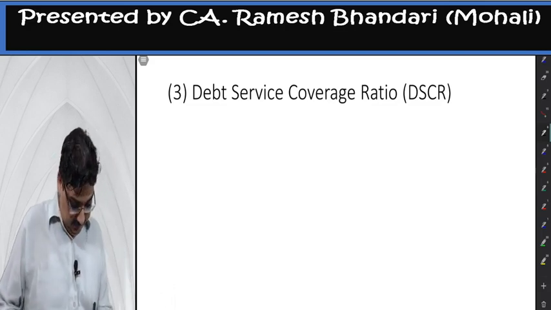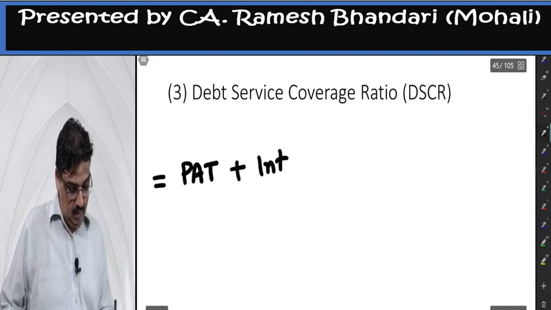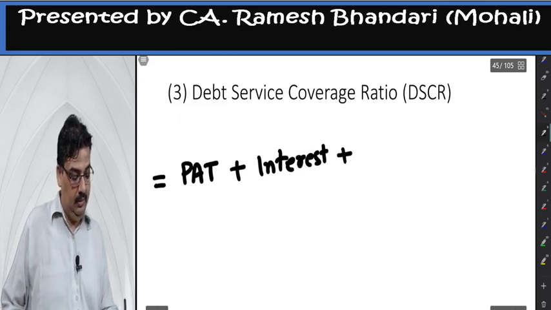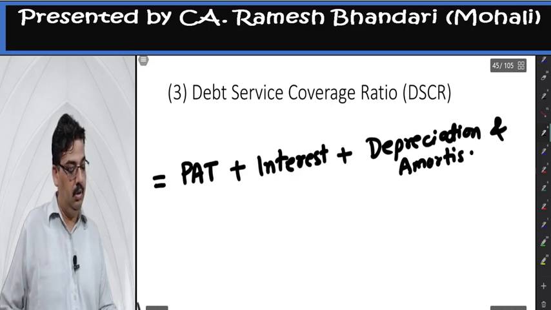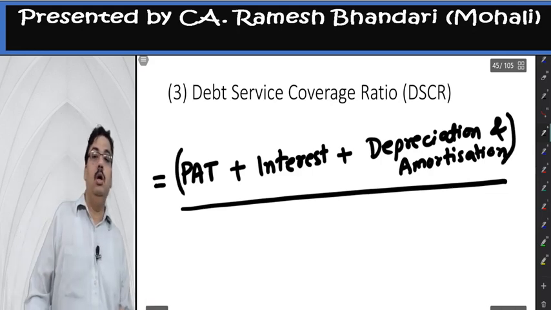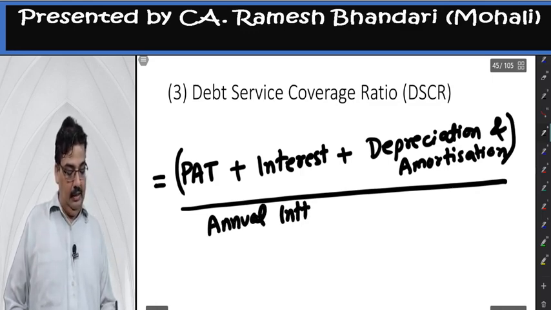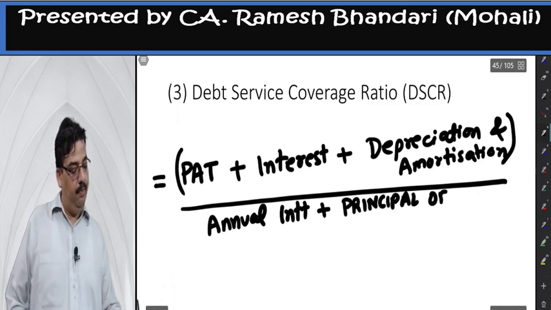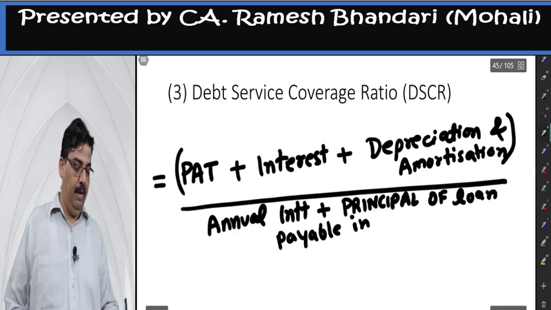So the formula there: profit after tax plus interest plus depreciation and amortization, non-cash items, whole divided by, this is cash profits before interest, whole divided by annual interest plus principal of loan payable in next year.